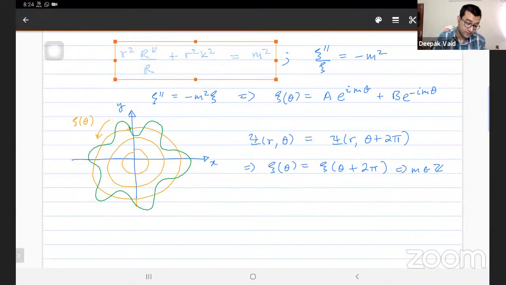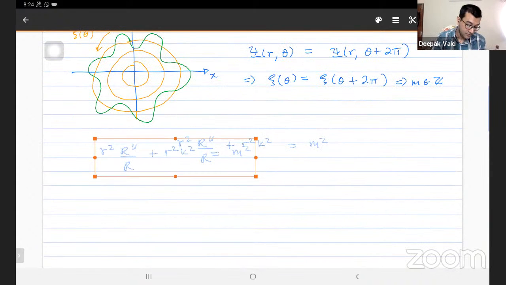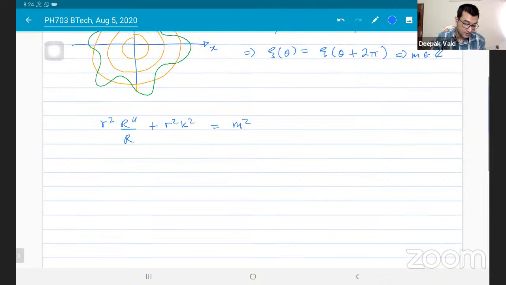Now let's look at this, right? Okay. So now this one looks a little bit more complicated, but let's see. Again, we should try to use some sort of symmetry argument. Okay. So one possibility is what sort of solution you can have in the radial direction.